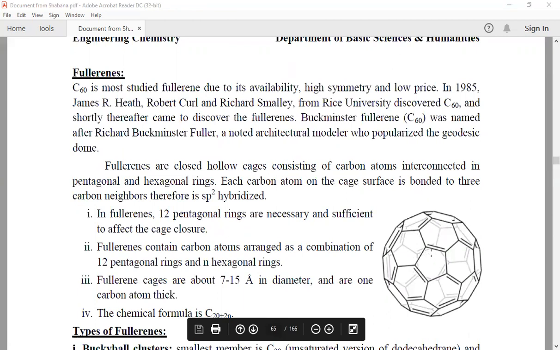Spherical fullerenes are also called buckyballs, as they resemble the ball used in football.